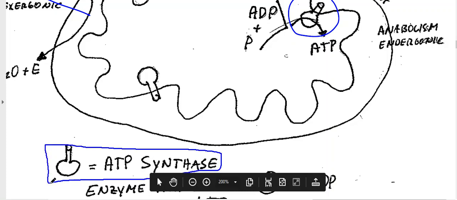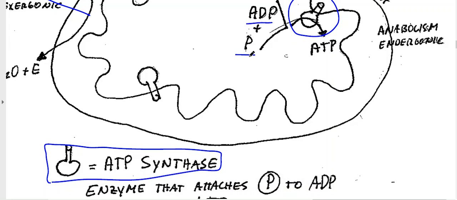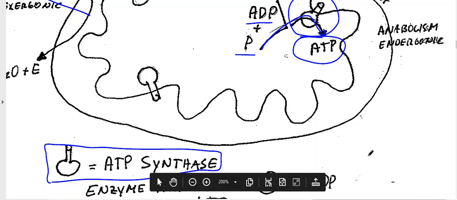We'll do details of this later, but for right now, just know there's an enzyme in there that is going to take ADP and phosphorus, or a phosphate group, and it's going to reattach the phosphate group onto ADP to restore ATP. It's like plugging in your cell phone at night, and we've fully recharged ATP, and we can reuse it, right? So that is what ATP synthase does.